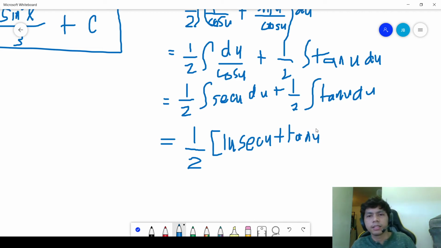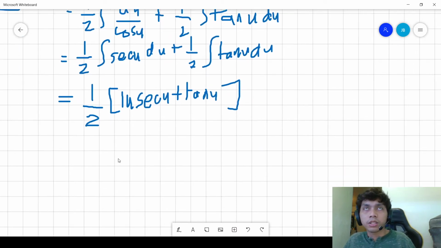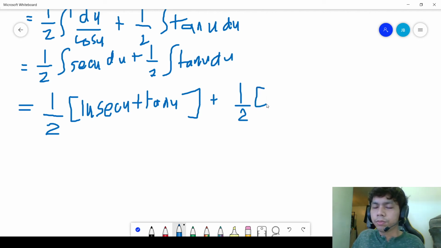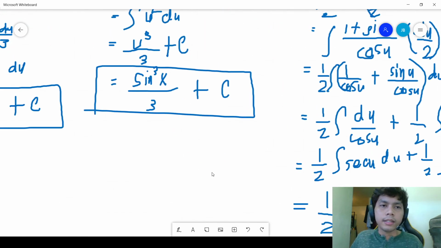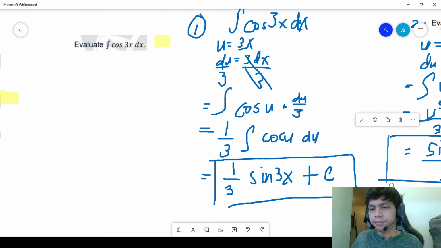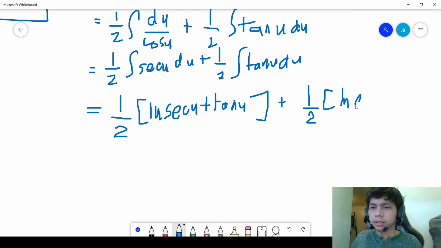Then plus c later on, because constant plus constant is still constant. We will join them together later. And then the integral of tan is equivalent to, let's see again to confirm, ln of sec u plus c. There you go.